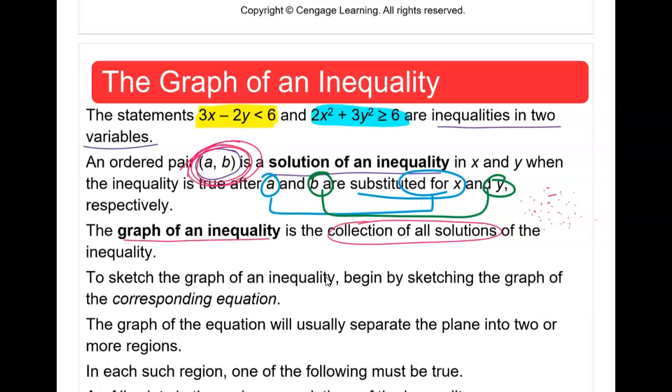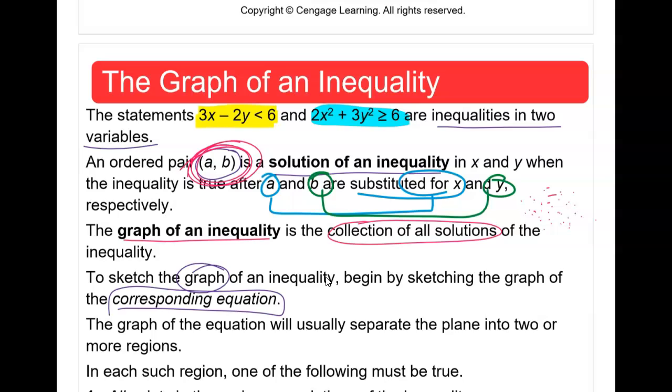To sketch the graph of an inequality, begin by sketching the graph of the corresponding equation. At first, we're going to treat it like a regular equation. Then the graph of the equation will usually separate the Cartesian plane, the XY plane, into two or more regions.